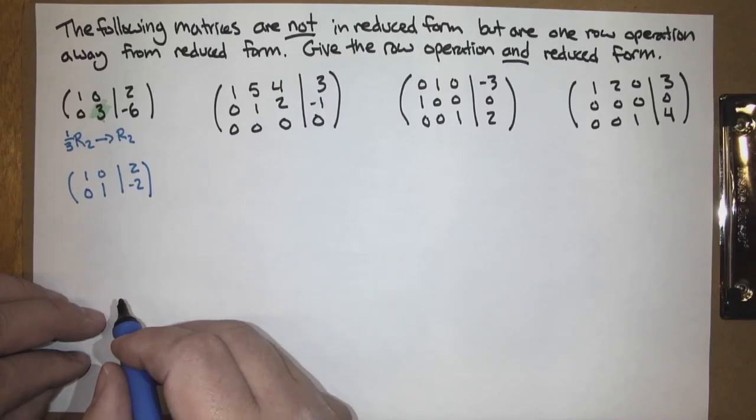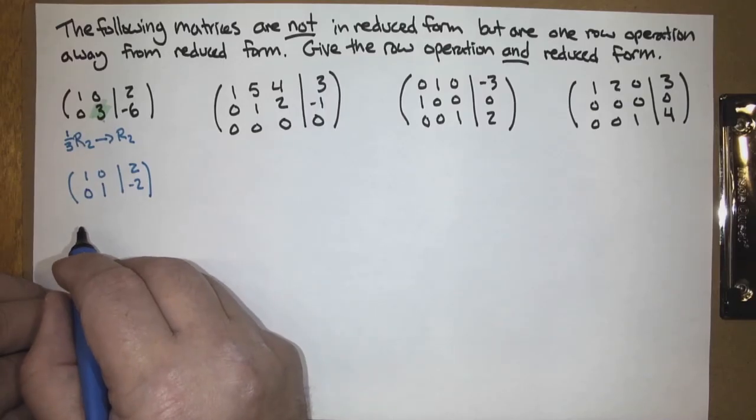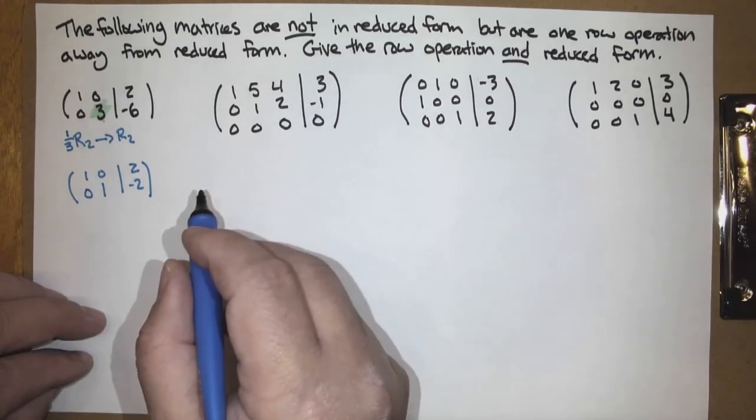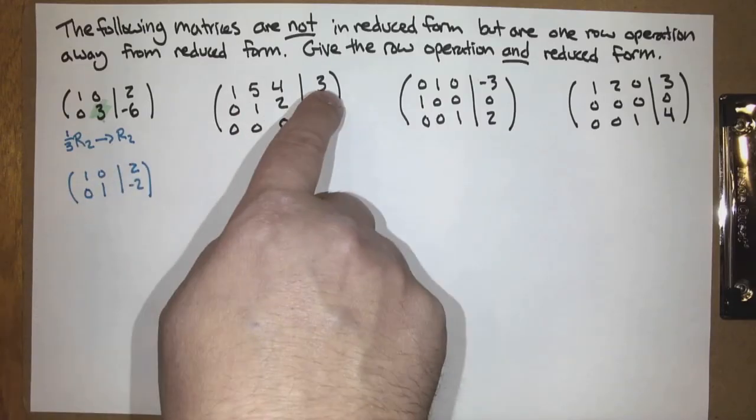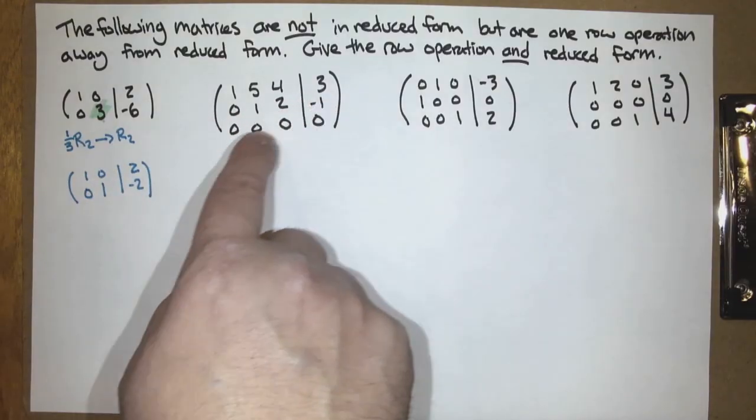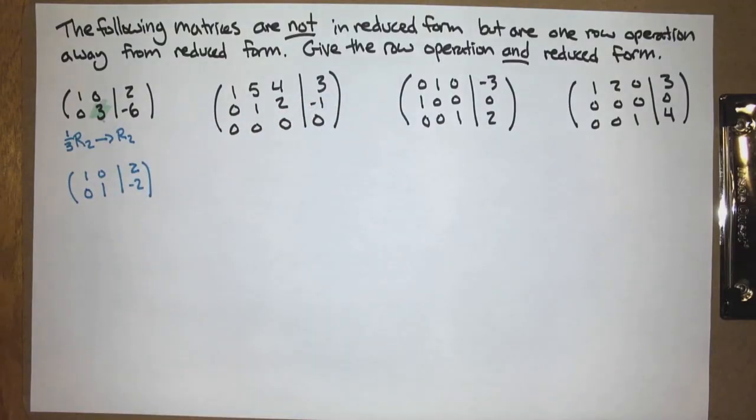All right, good. Now, let's go to the second one. So we have 1, 5, 4, 3, 0, 1, 2, minus 1, 0, 0, 0, 0. This is not reduced form. What's wrong?